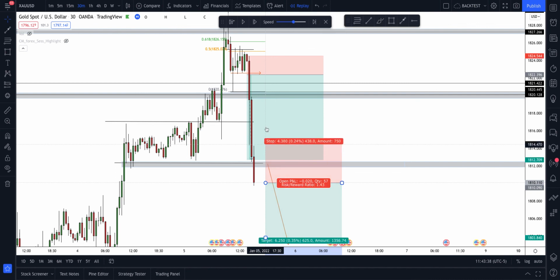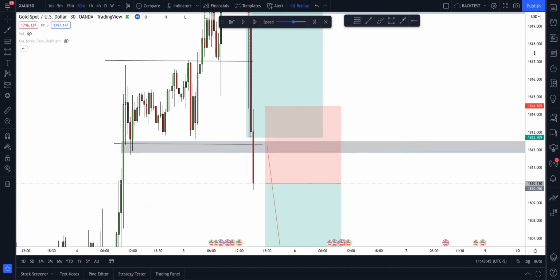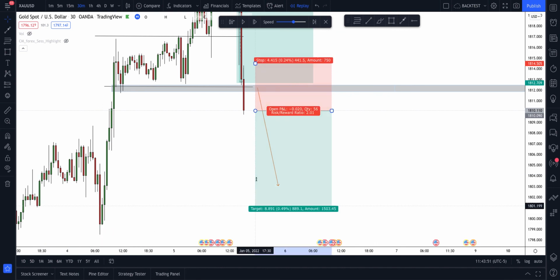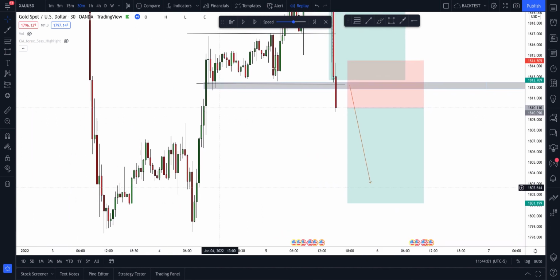Stop loss is above this candle. Okay, where are we going? Previous one. We can do it here, one of the previous rejection zones or previous break and retest. Why? Look, you've got to see the smaller time frames as well.